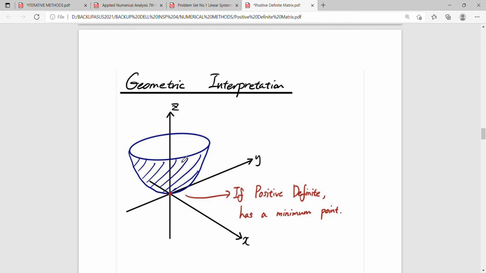And this is the interpretation of the plane upon which the bowl shape, okay, representation of the geometric shape of the quadratic form is, if you try to use the eigenvalue method of finding the equivalent surface equation of such, then you can interpret it in this form.